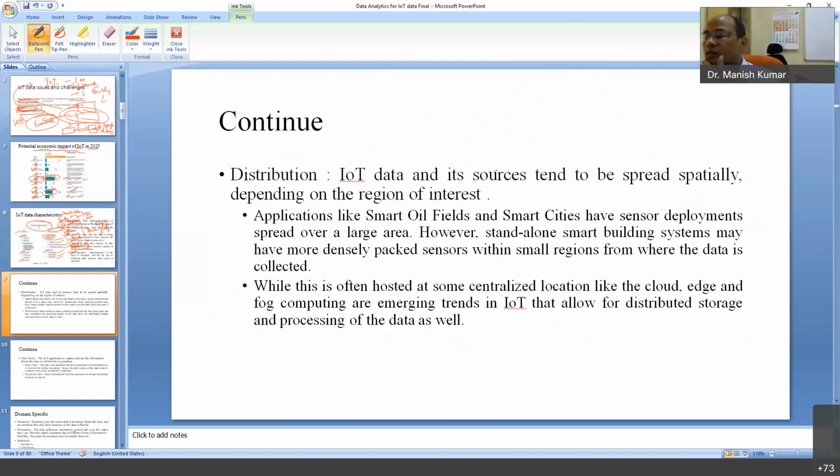Then we move to the distribution part, that metadata and sources tend to be spread spatially depending on the region of interest. Like you have some oil fields, you are looking for smart oil fields, or you are looking for smart cities. You can see that they have sensor deployment spread over a large area.